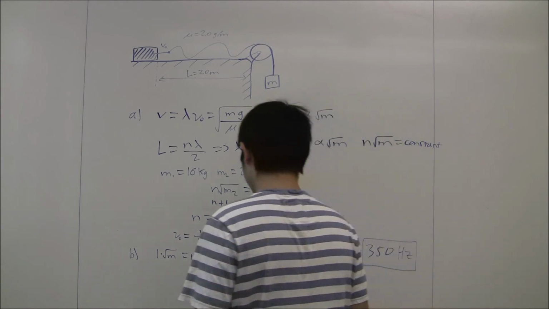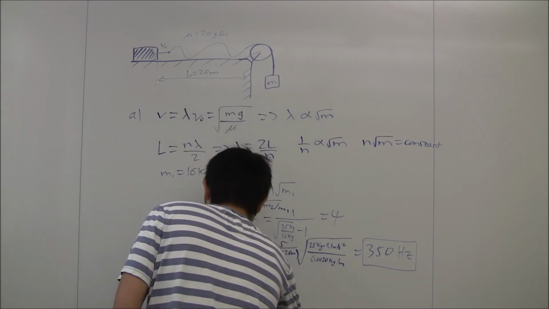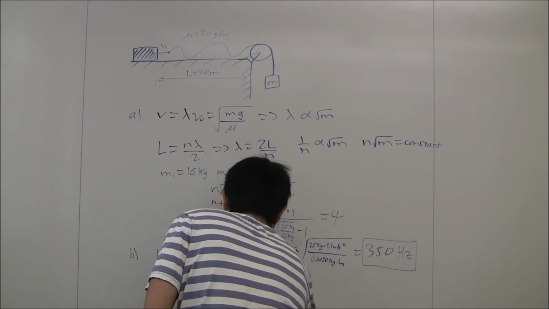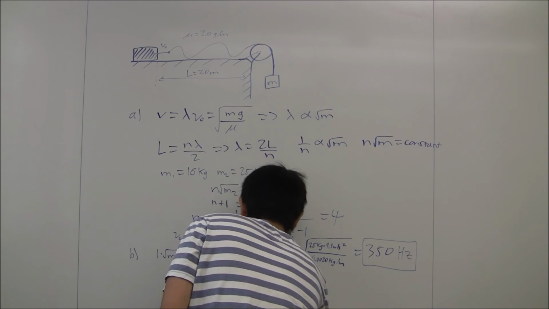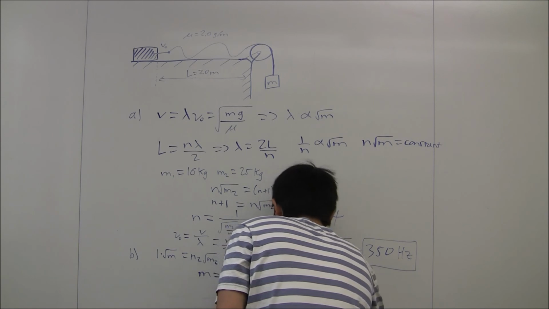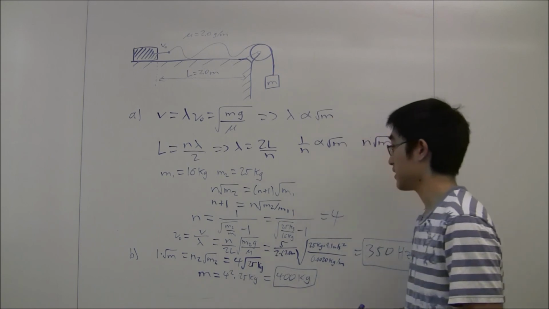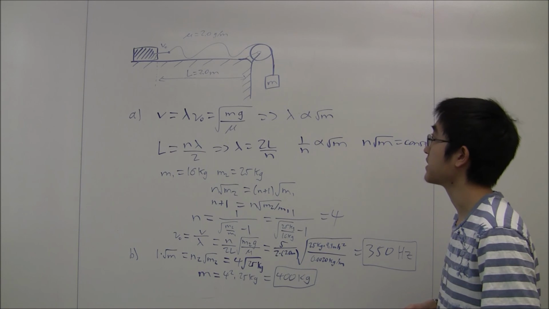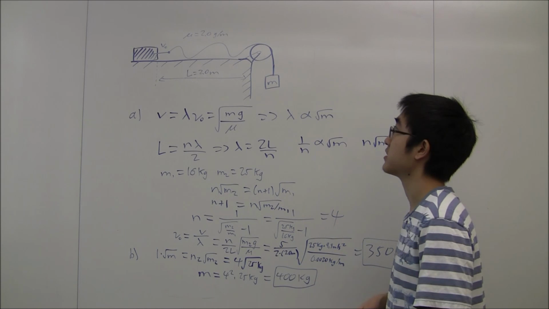So this means that m is equal to 4 squared times the square root of 25 kilograms squared, which is just 25 kilograms, which is going to be 400 kilograms. So 400 kilograms is the maximum mass that we can hang from the pulley in order to get standing waves to still appear in the string.